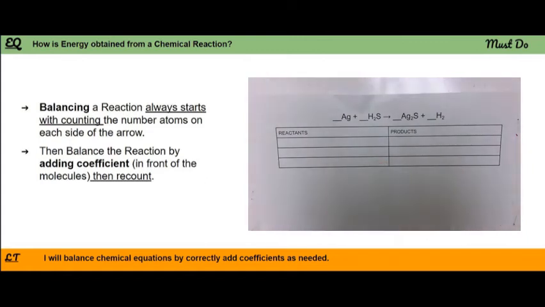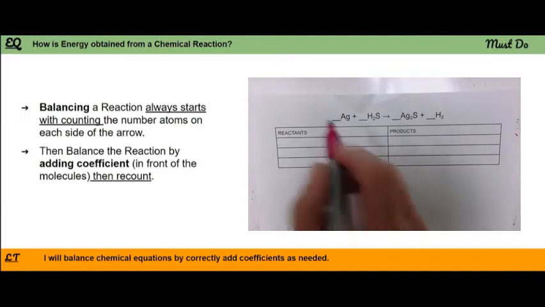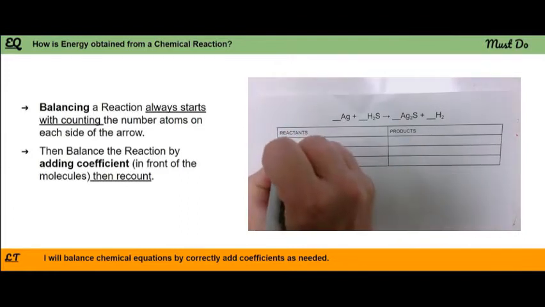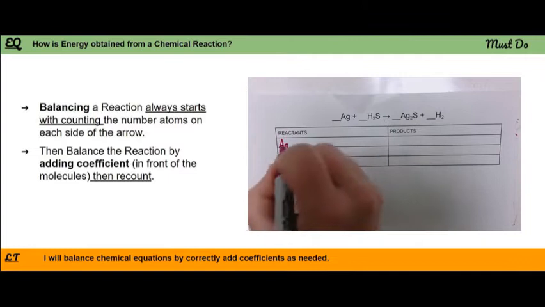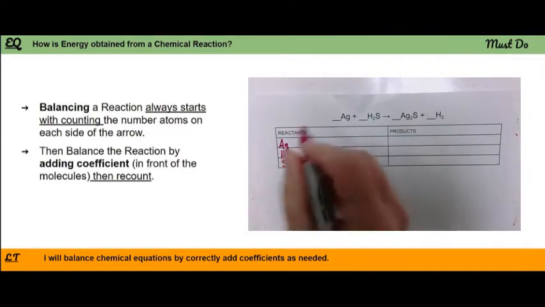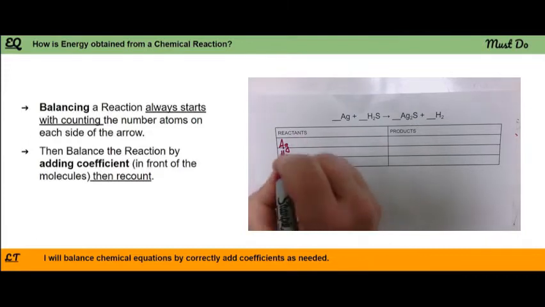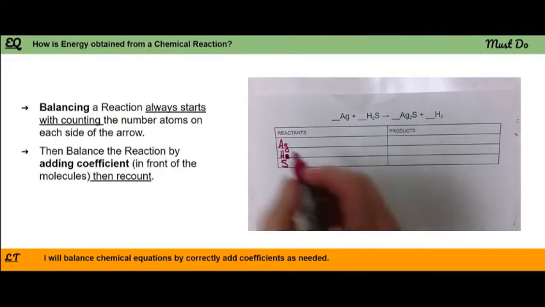So here's another example. Again, for balancing, you want to count first, right? So I have an Ag and I have an H2 and I have an S. Okay, so silver, hydrogen, and sulfur, and don't put the 2.